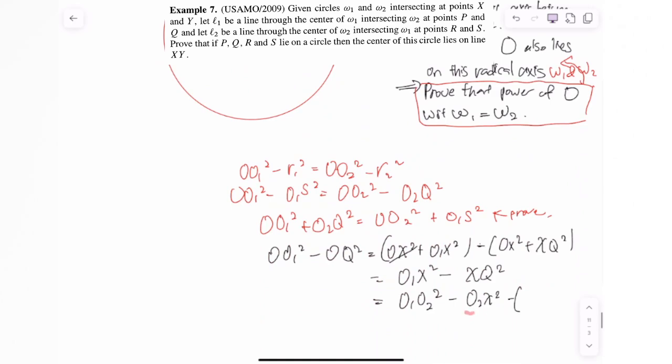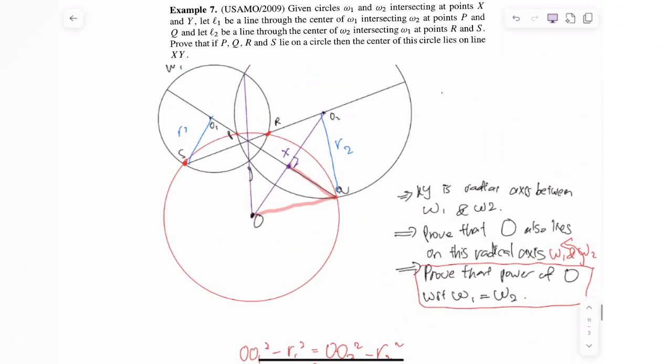We can notice that here we have O2x squared, which is this length. So what we want to do is get this length to be cancelled out.